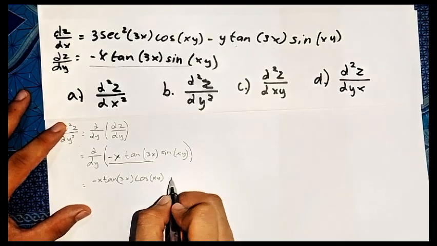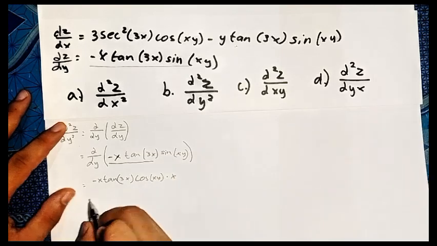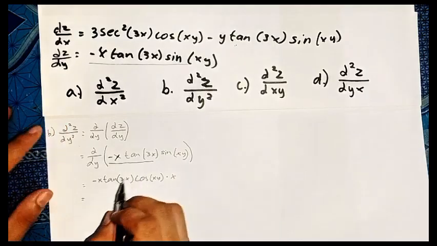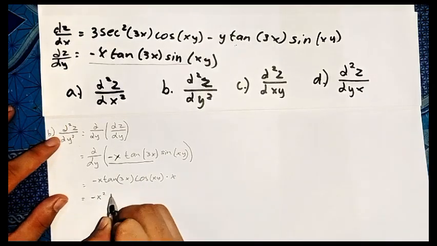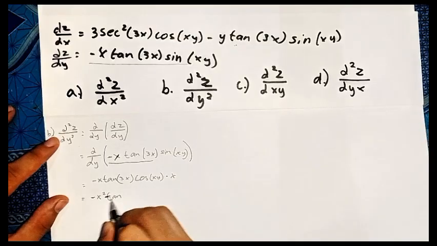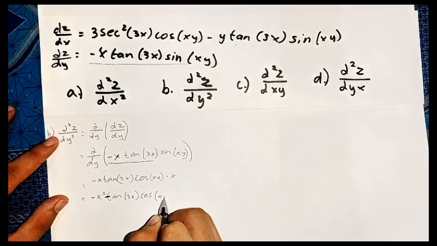The derivative of xy with respect to y is x. So this becomes negative x times x, which is negative x squared tan 3x cosine xy.